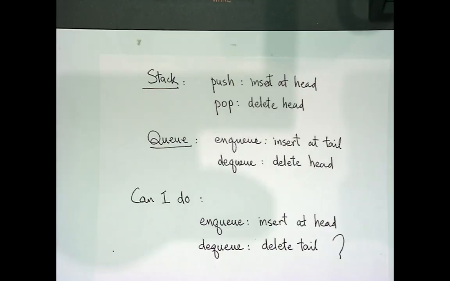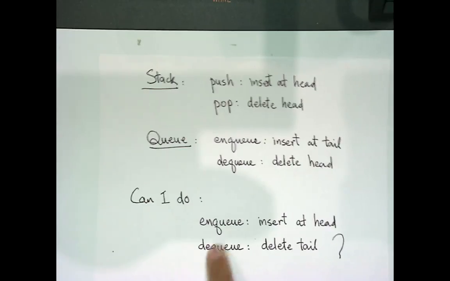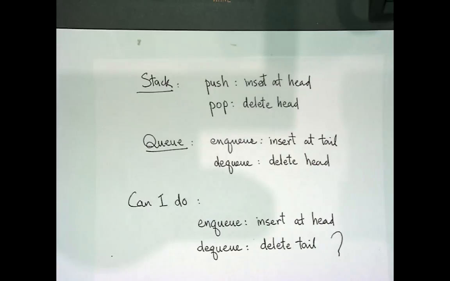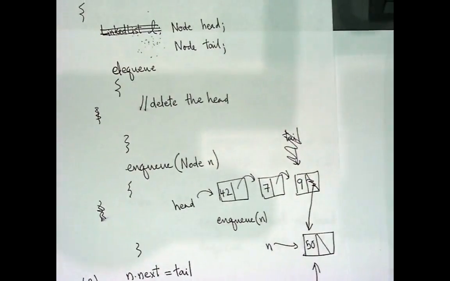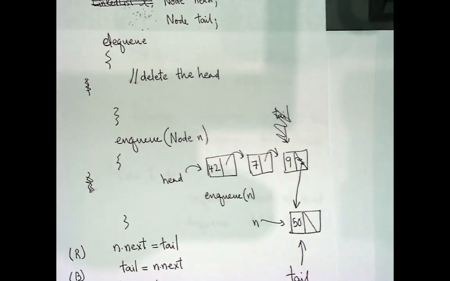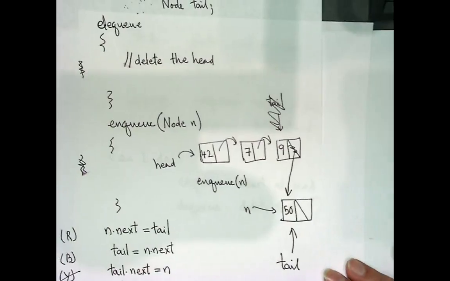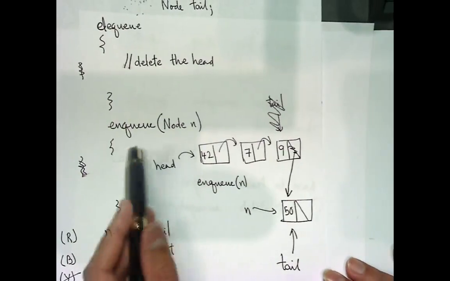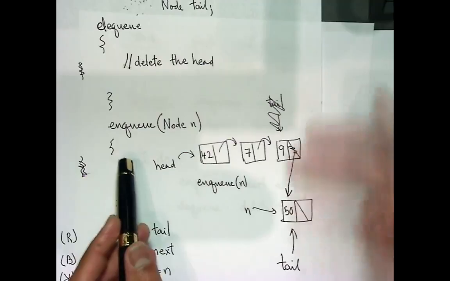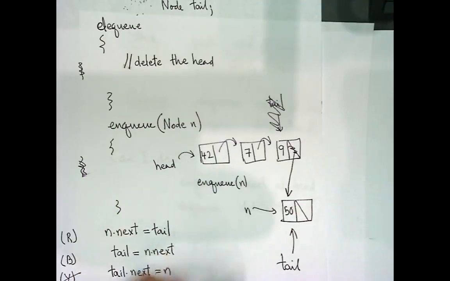So remember, it seems like if I just inserted at the head and deleted at the tail, I'd have exactly the same effect. Maybe I'll show you this example. I could insert at the head and delete at the tail. What's the problem? There's a problem with that.